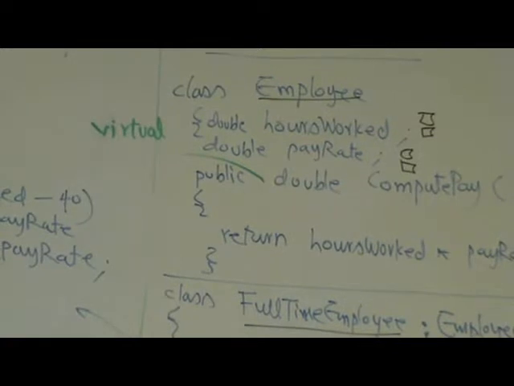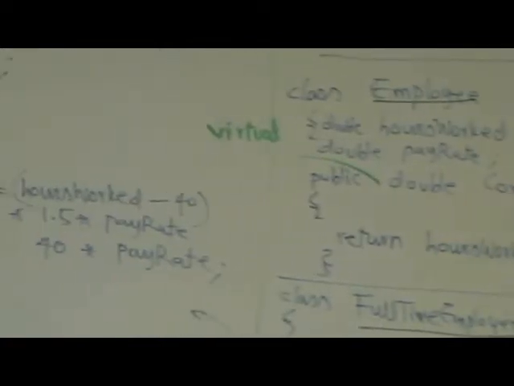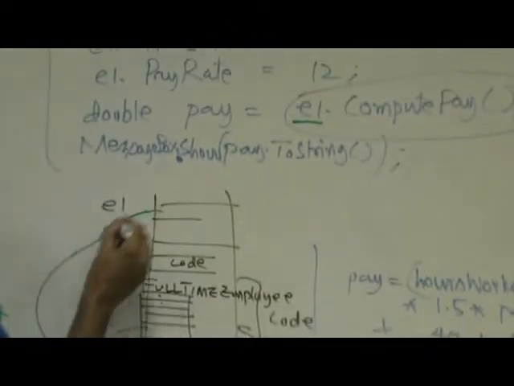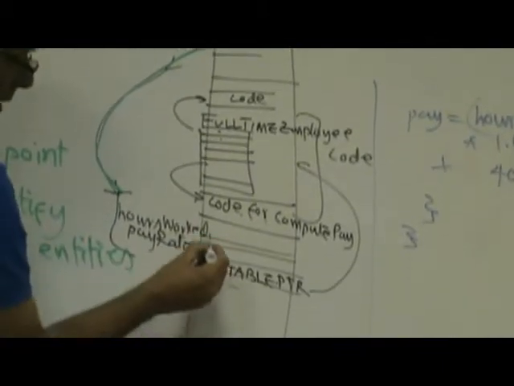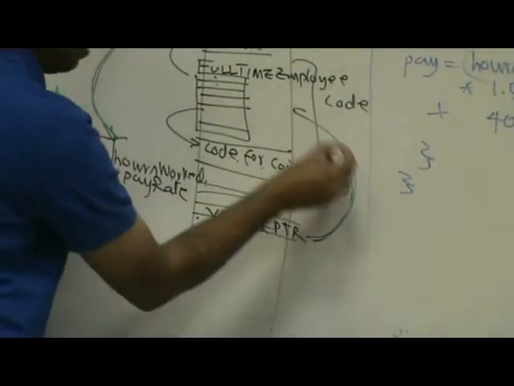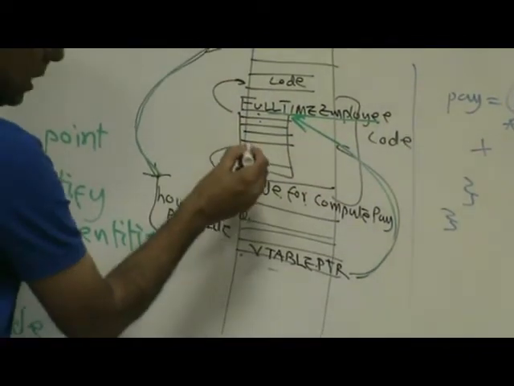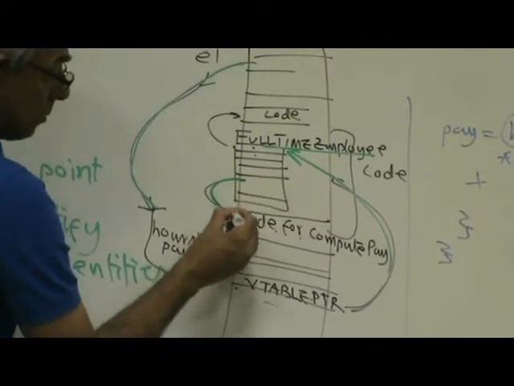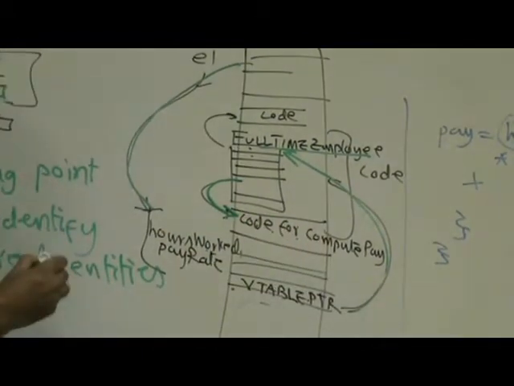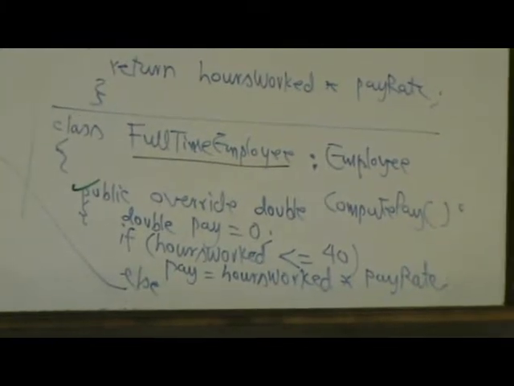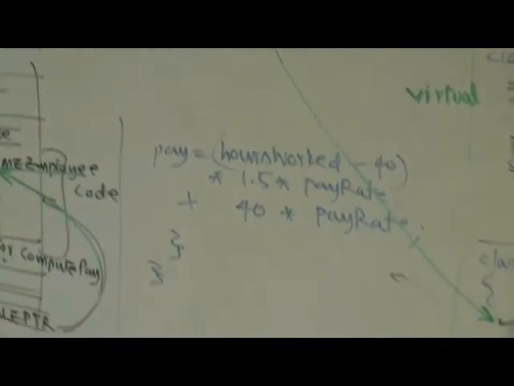It will generate quite a bit of code that will start from E1, go to the actual object, go to the vtable for the FullTimeEmployee class, then locate the pointer that's pointing to the code for ComputePay, which in this case will be obviously this one. And so this will end up calling the correct function, right?